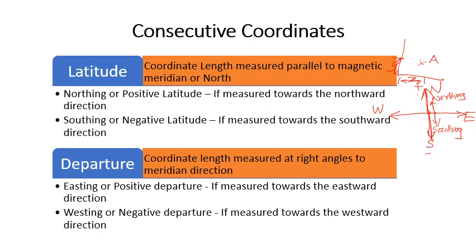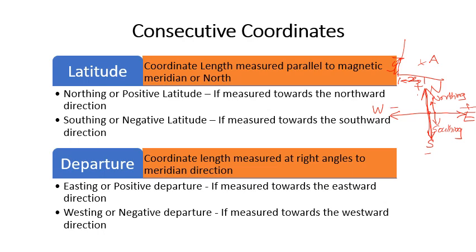How far is that departure? How far is the deviation, or how far is the separation from the north-south line? That will be measured in this particular direction, which is the east-west direction. So this is very similar to our x-axis, right? We have a positive direction over here and a negative direction here.